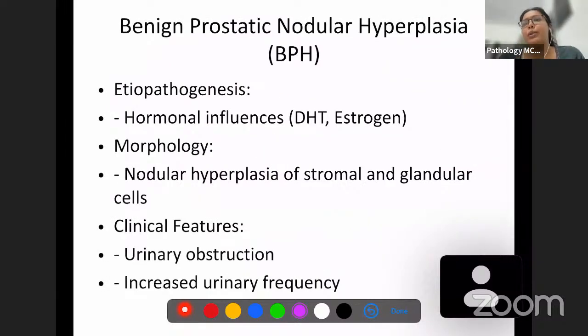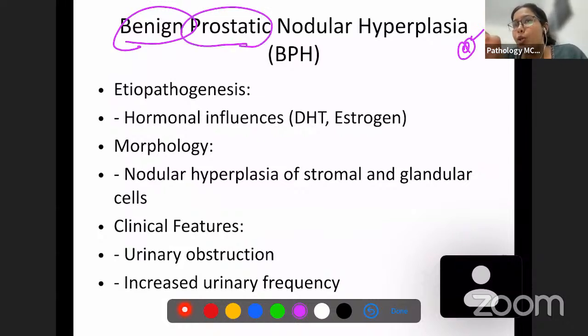Now we'll see benign prostatic nodular hyperplasia. This is also one of the questions which was asked. So we are going to see the etiopathogenesis of benign prostatic nodular hyperplasia. Let's just take a second and decode this name. It says benign, and there is prostatic tissue nodular hyperplasia.